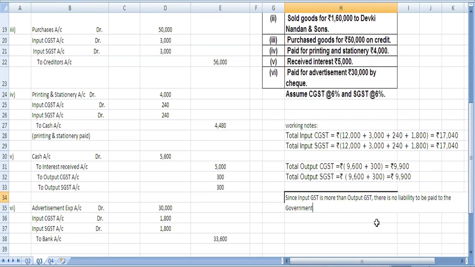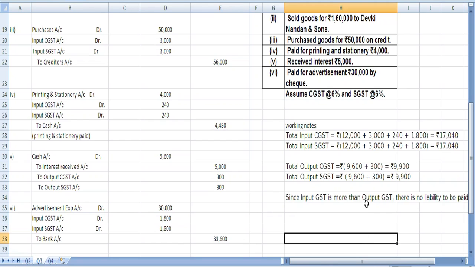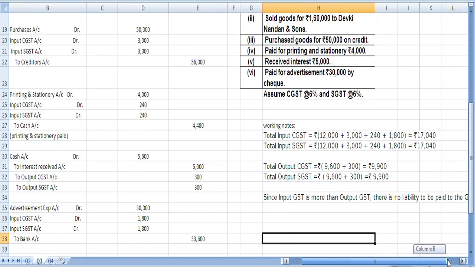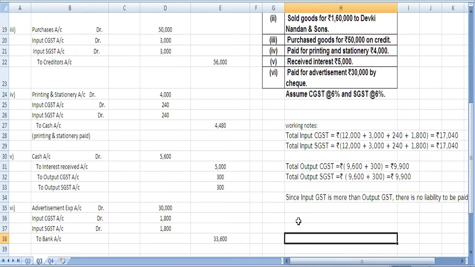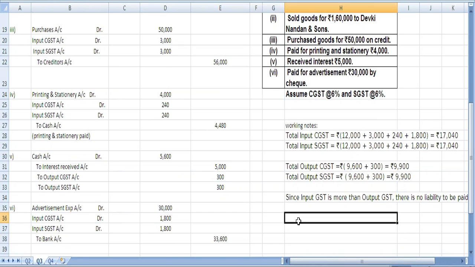Since your output CGST is less, when you purchase you are paying this much GST to the state and the central government, but when you are selling you are getting less output GST. So there is no liability. No liability means you don't have to pay to the government, there is no excess amount to be paid to the government.